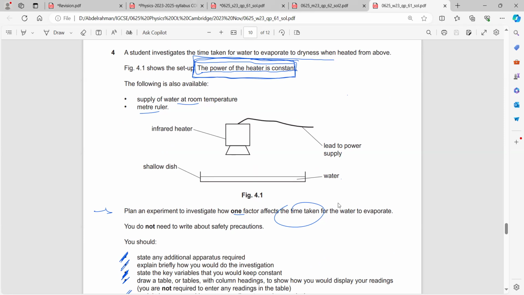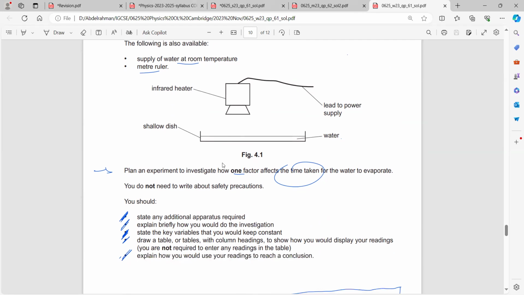What are the other factors? You have many other factors that affect the time taken for the water to completely evaporate. The volume of the water could be right. The distance between the heater and the water could be right. Someone could say the surface area of the dish, which could be okay. So you have many variables that could be applicable.